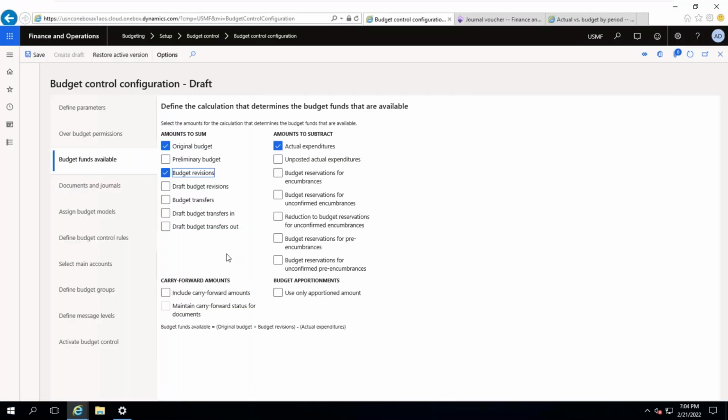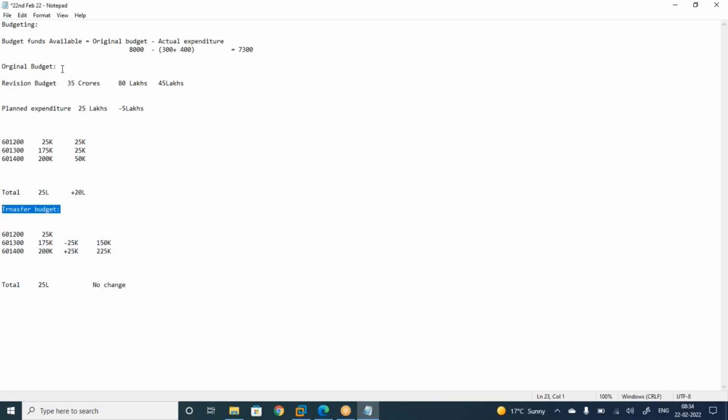So you can use that one also, budget transfer: original budget plus budget revision plus budget transfers minus actual expenditure. Understood? Any confusion? These three words: original budget, revision budget, transfer budget.